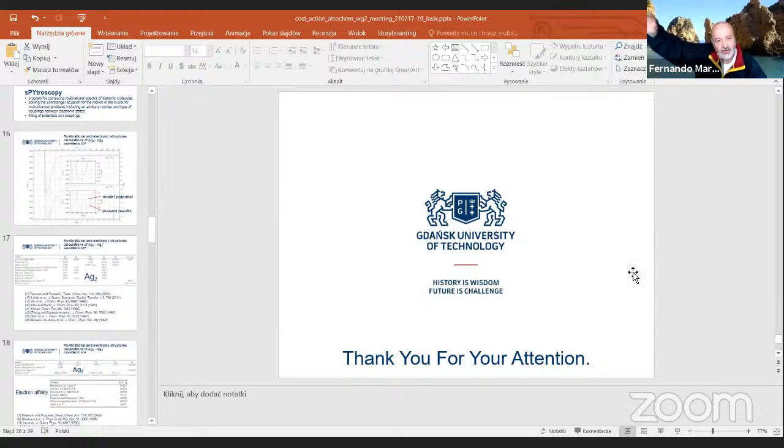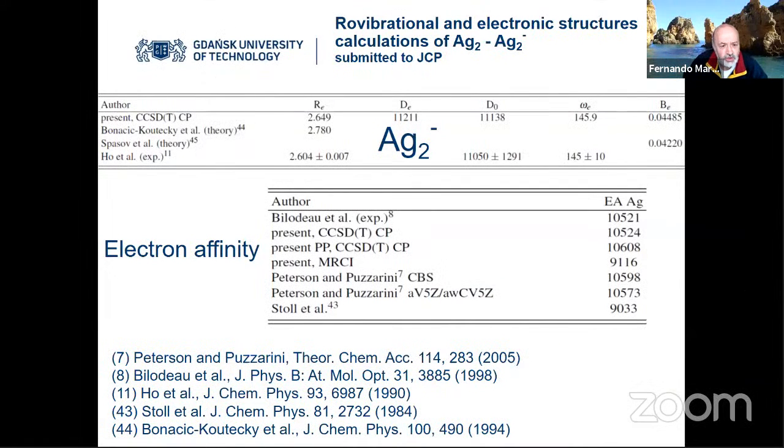You showed a table in which you compare the electron affinities or the ionization potentials, but in order to calculate the vibrational and rotational structure, it is probably important to describe very well the asymptotic region of the electron. With the basis set you used, you mentioned it, but I didn't have time to look at it in detail. Was it diffuse enough to describe this asymptotic region? Could you comment on this, please?